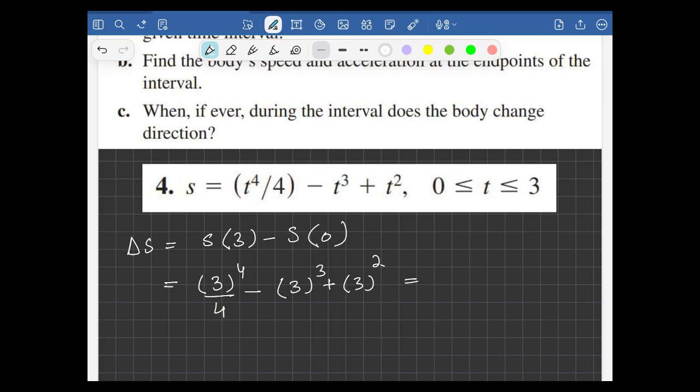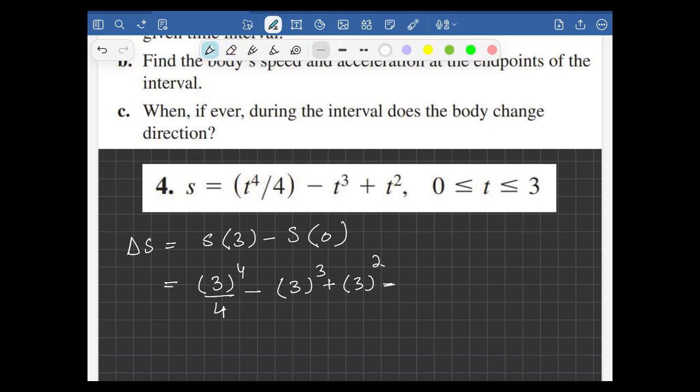Let me use the calculator here. 3 to the power 4 divided by 4 minus 3 raised to power 3 plus 3 squared. Let's calculate that together.